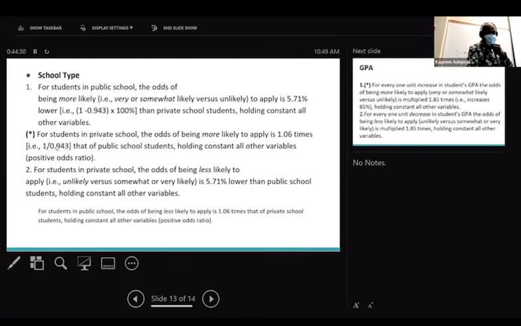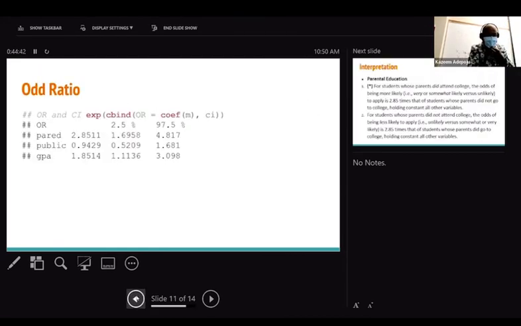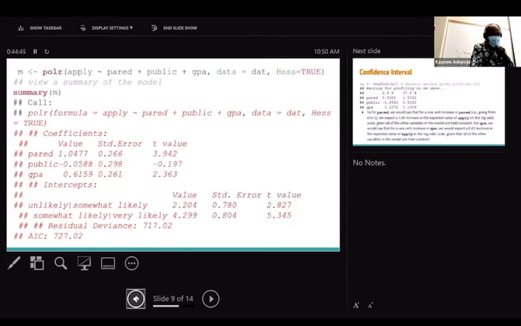Why do I put 0.943 at the denominator? Because that's for public, and the private is on top. Why did I do that? Because the public estimate is negative. Look at the public estimate here. It's negative. That was why. I don't know if I've answered the question.